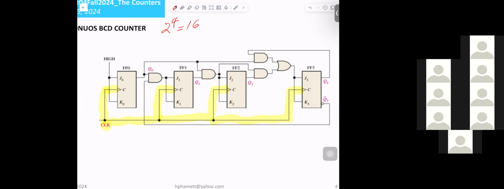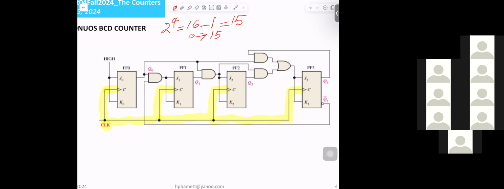That's the decimal count; for the binary, you have to minus 1, because you start from 0. That's why it goes 0 to 15 only.